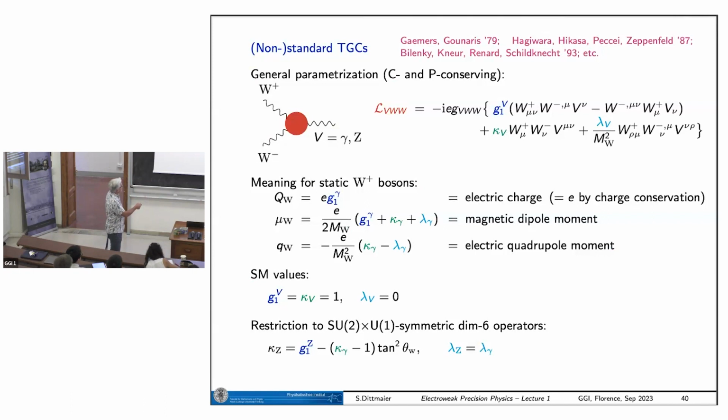So this G and the kappa, they look a bit like standard model structures. And by setting them to certain values, which are indicated here, for example, you also find the standard model prediction, but by letting them deviate from the standard model values, which are normalized to 1 for G and kappa, you could constrain deviations from the standard model.